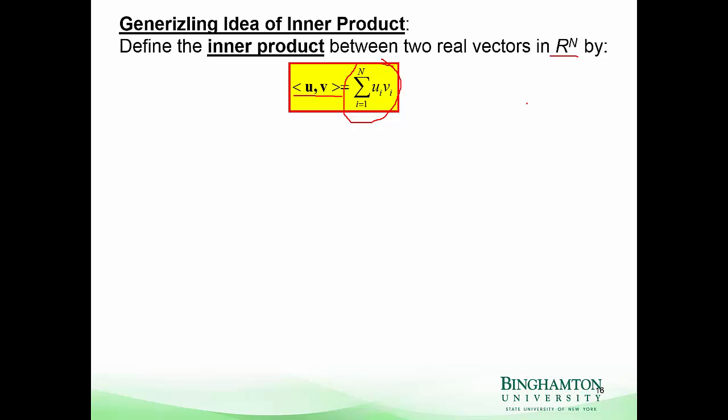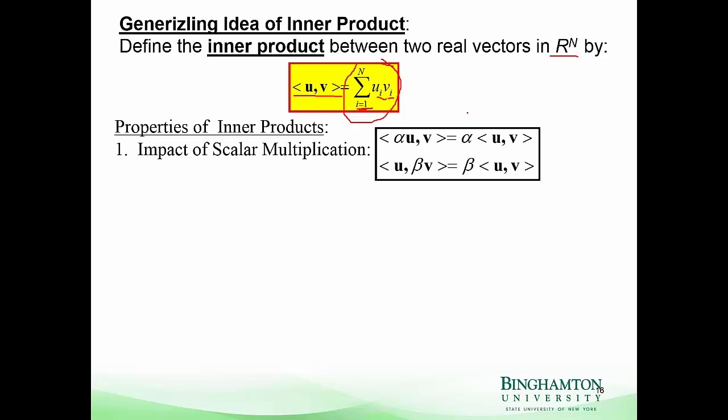It's simply saying start at i equal to 1 and take u1 times v1. Now bump up i to 2, plus, that's what the big sum symbol says, plus u2 times v2 plus u3 times v3 plus all the way out to un times vn. It's as simple as that.